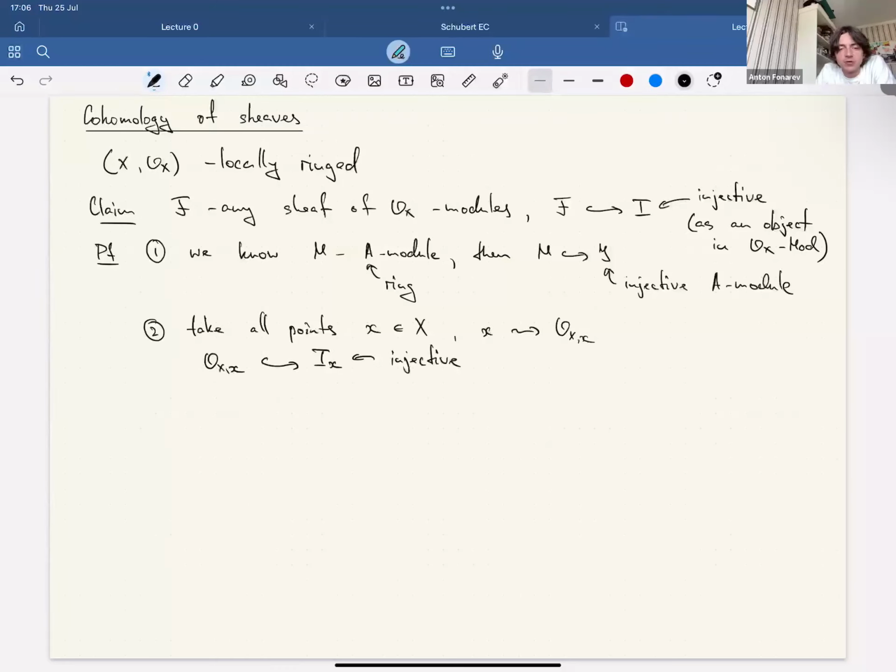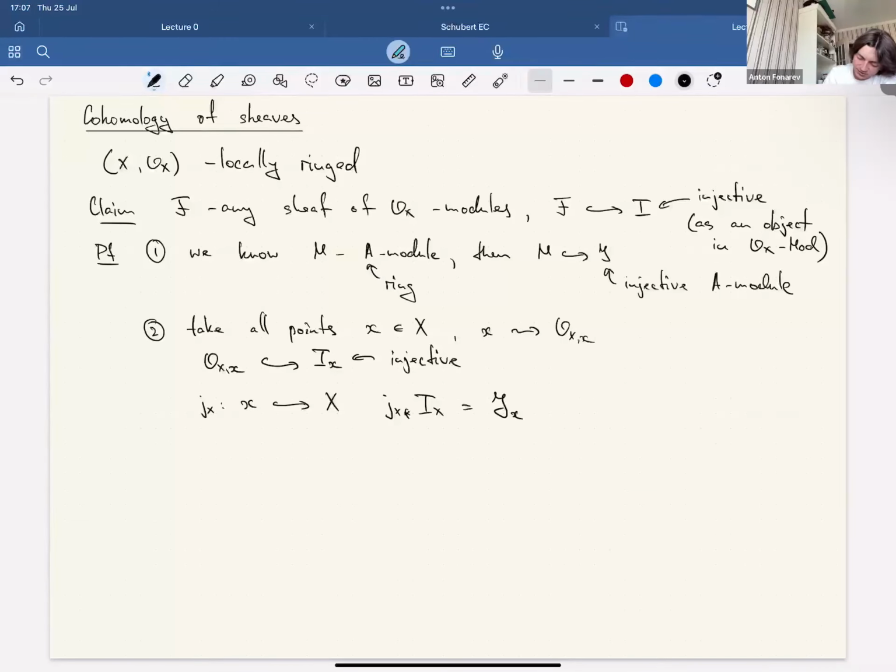And finally observe that you always have the following situation. If you consider j_x to be the embedding of the point into your topological space, again, it's not necessarily a closed point, then you can take the push forward j_x star, sorry for the bad notation, of I_x, and let's call it nice I_x.